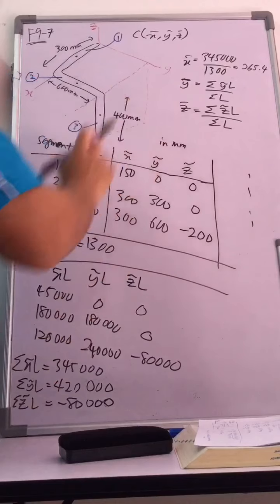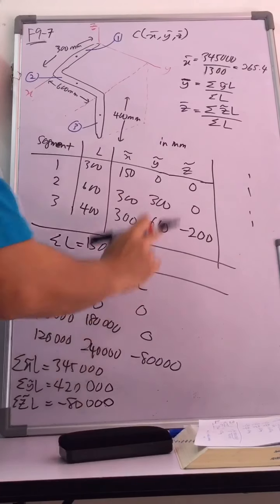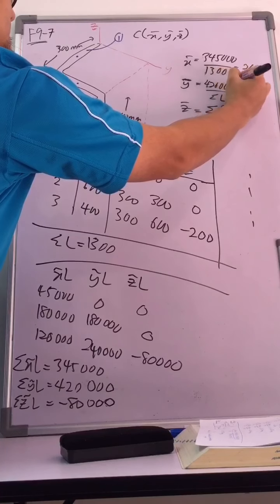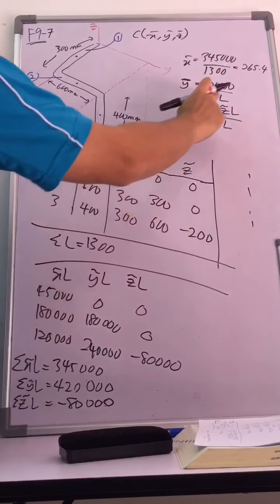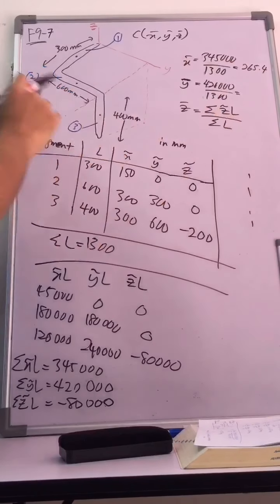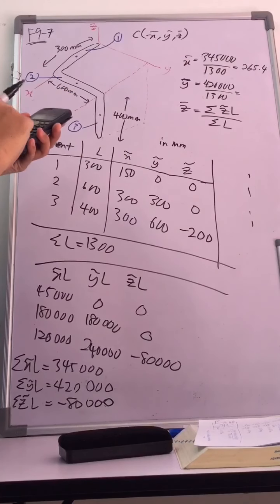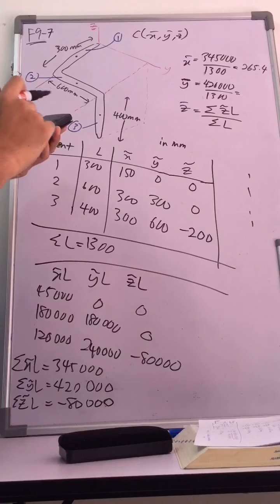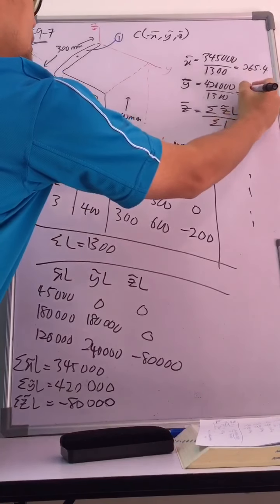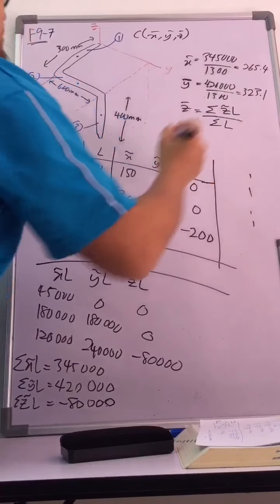So for y bar, it is this 420,000 divided by summation of L, which is 1300. Okay, use your calculator. It is 323.1 millimeter.